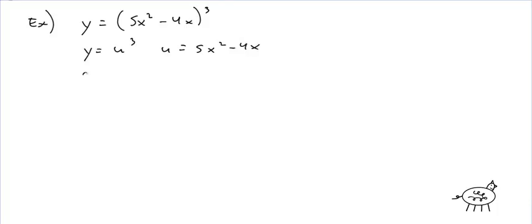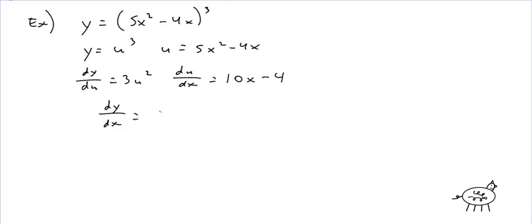Okay, so we're going to do dy du, which equals 3u squared, and du dx, which is equal to 10x minus 4. All right, and again, we just multiply them together. That gives us our dy dx, and it's equal to 3u squared times 10x minus 4.